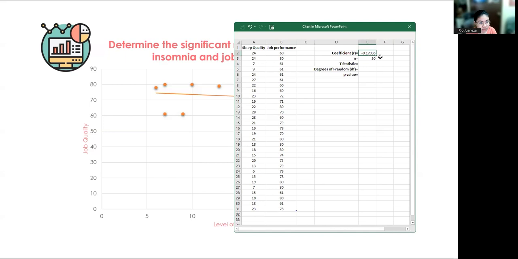Since we have a negative r of 0.17, we will use the formula that has an absolute value.